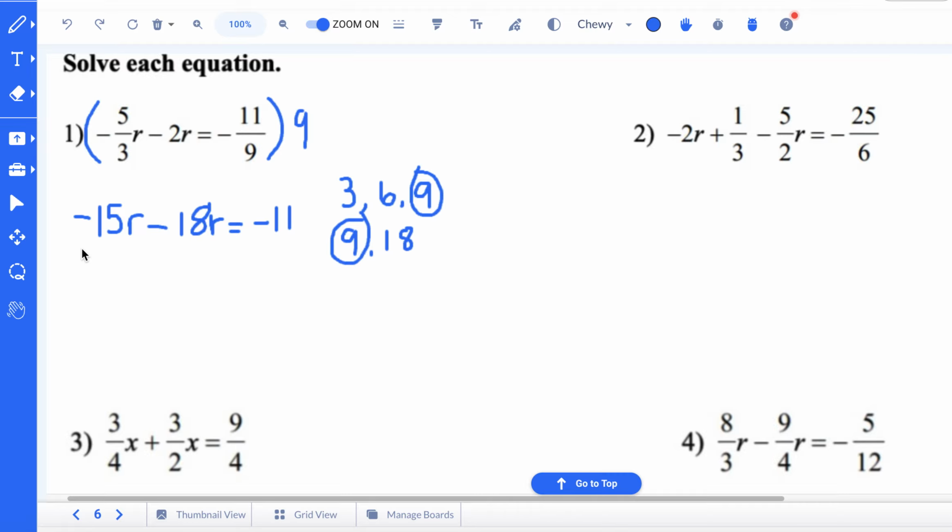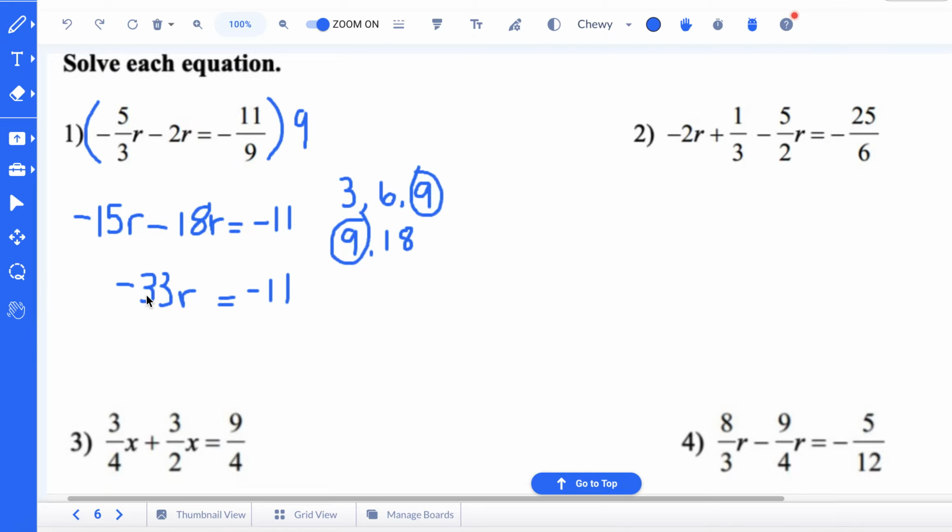What that does is it makes my number more negative, because you're combining. It's like having negative 15 and another negative 18. So that gives me negative 33r. If you're struggling with the integers, just make sure that you put this in the calculator. And then on the other side, we just have negative 11.